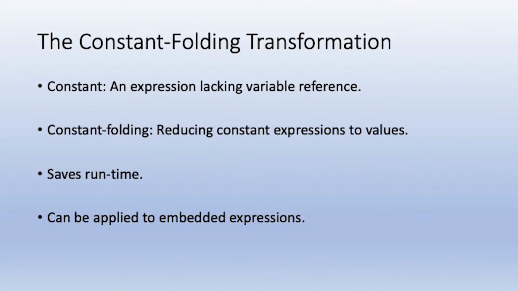Essentially, this means that they are reducible by default to simple values. Constant folding optimizes programs by replacing constant functions with values, so that it need not be calculated each time when run. Constant expressions apply to any variable, from numbers to booleans. Constants in a command can also be folded by applying this function on all embedded expressions.